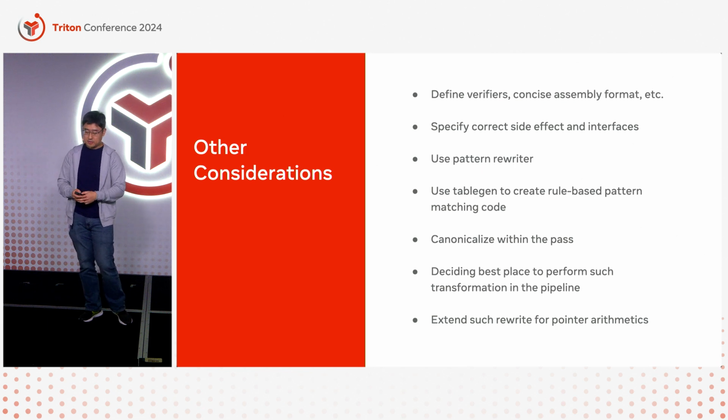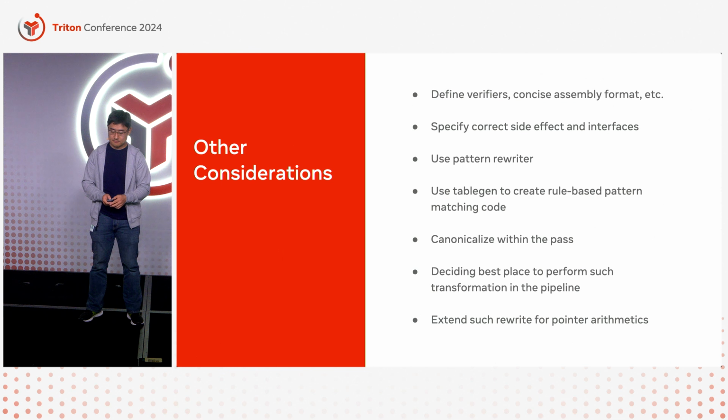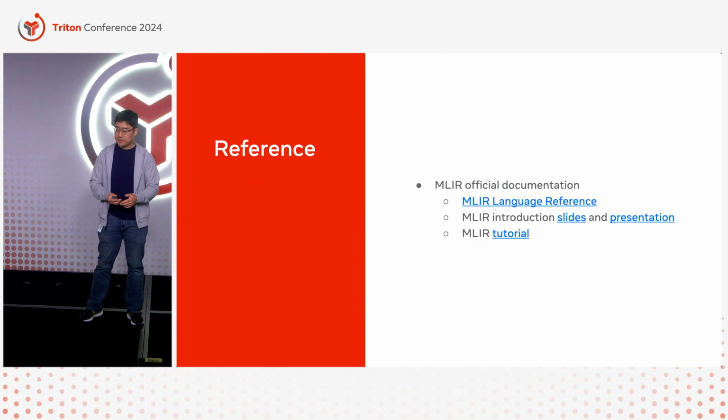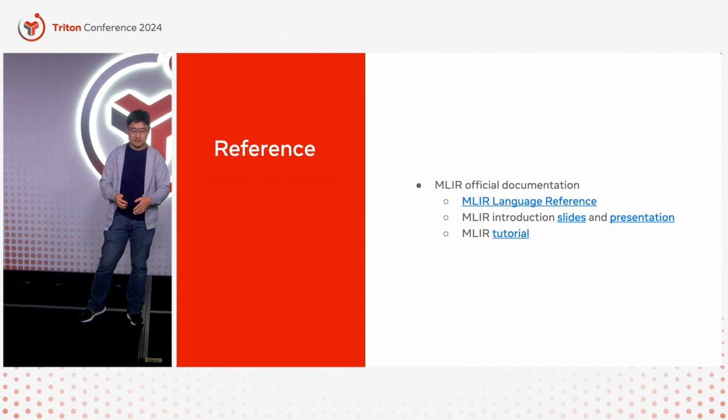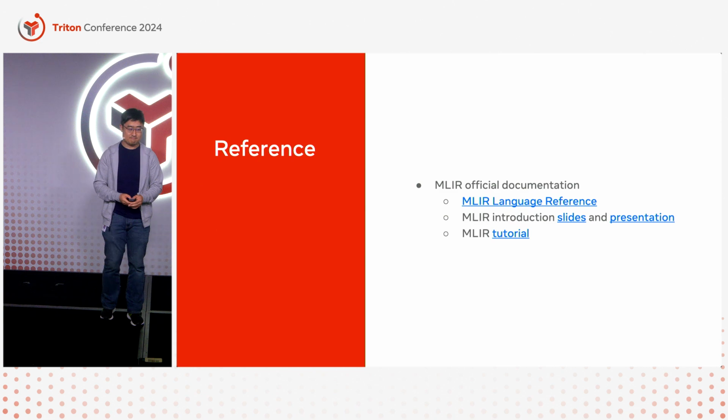Lastly, we mentioned earlier that in the example, we saw this repeated splat add sequence. If we were to materialize the tensor of pointers, we could potentially extend this rewrite for pointer arithmetic as well. So with that, I have finished all the materials I have. I included a couple of links for references in case people want to look into this topic further. Thanks a lot.